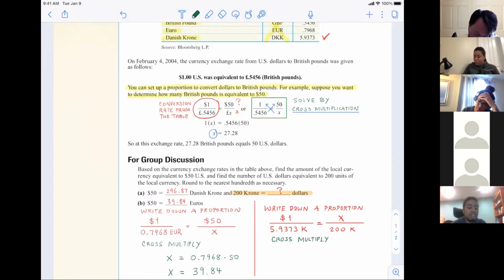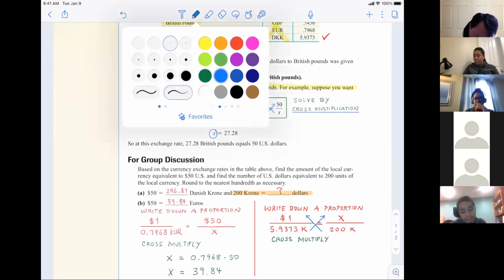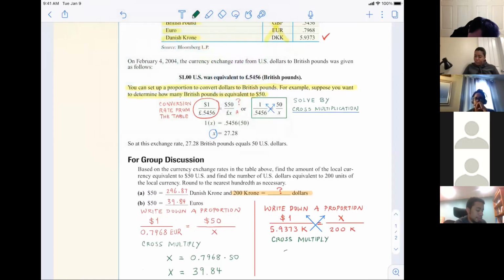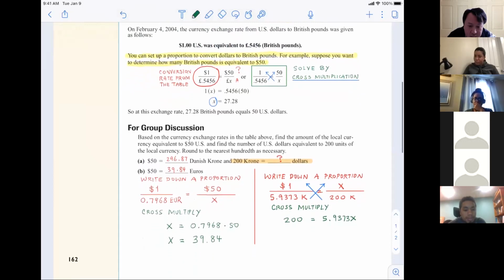But this time when we cross multiply, notice what happened. The 1 is multiplied by 200, right? This 5.9373 is multiplied by x. So what you end up with here is 200 equals 5.9373 x in this case, right? So indeed, the equation looks very different if you compare the calculation on the left with the calculation on the right-hand side. That is a somewhat different equation.